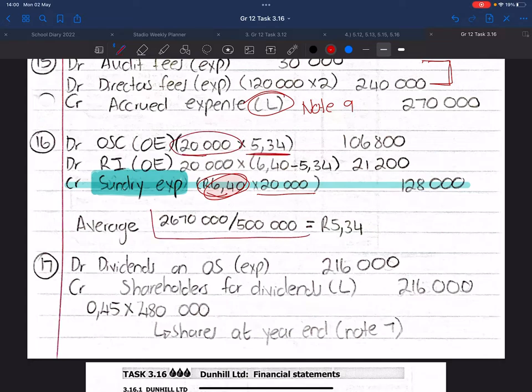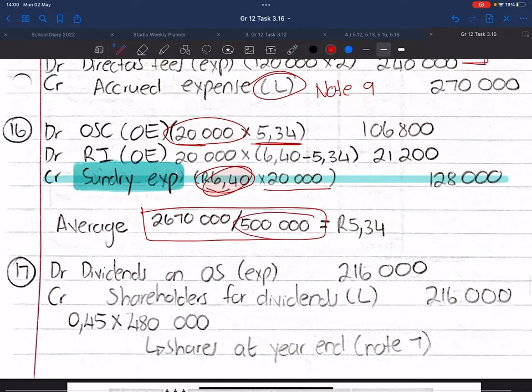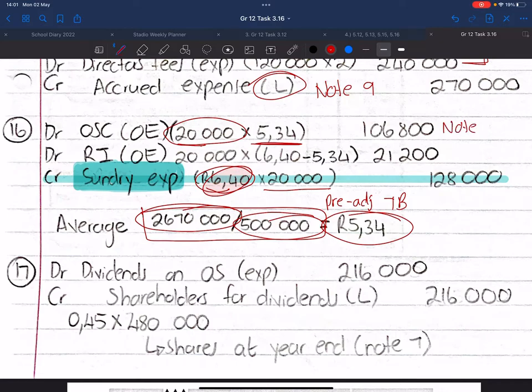And the average share price I took by getting the number of shares that we had in issue at this point and the total rand value, and I got this from the pre-adjustment trial balance, and the average share price is 5.34, and this goes under note number 7. You'll have a line item that says 20,000 shares repurchased, average share price 5.34, 106,800.